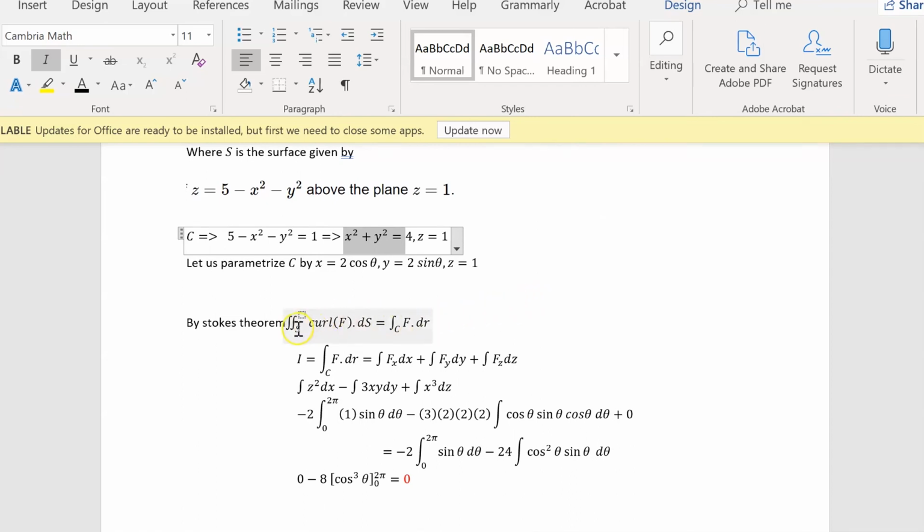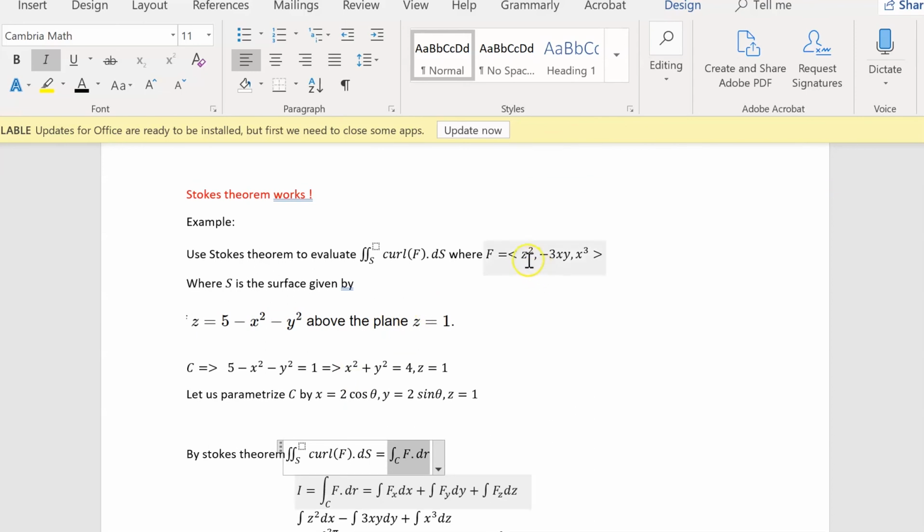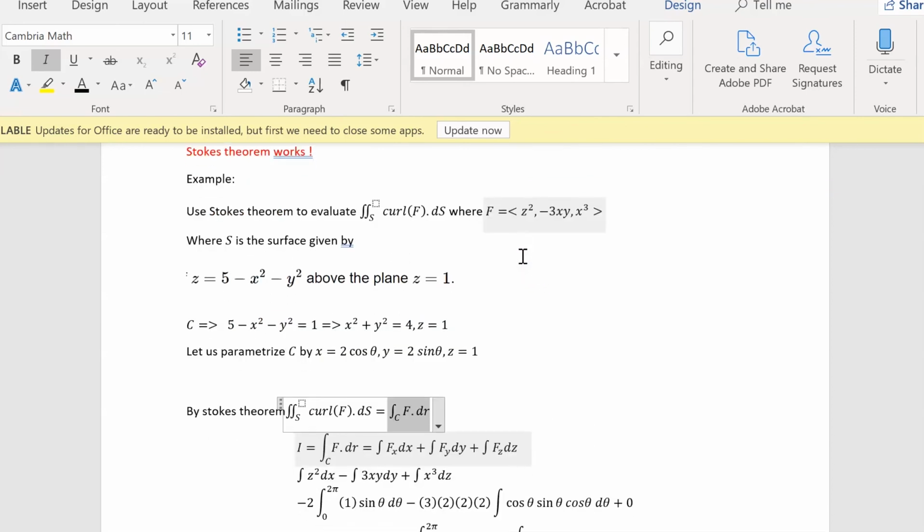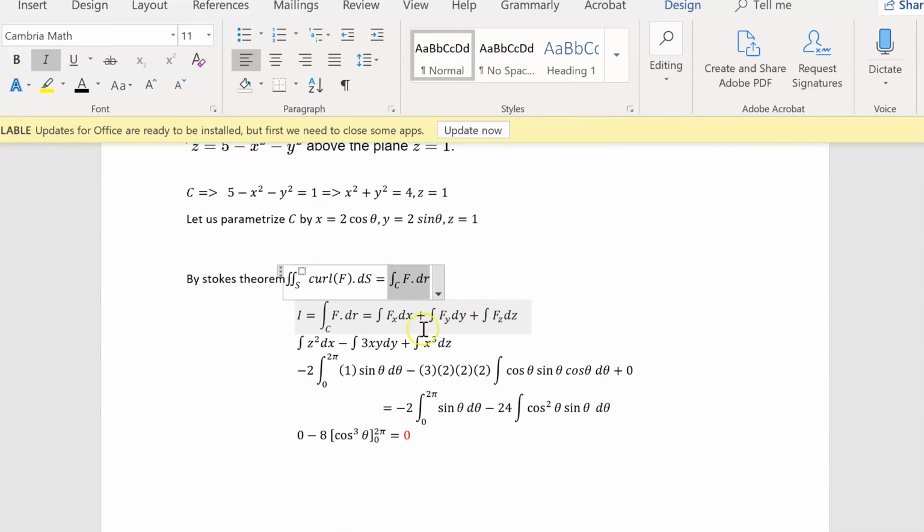So once again, by using Stokes' theorem, this is equal to the line integral across the boundary curve.